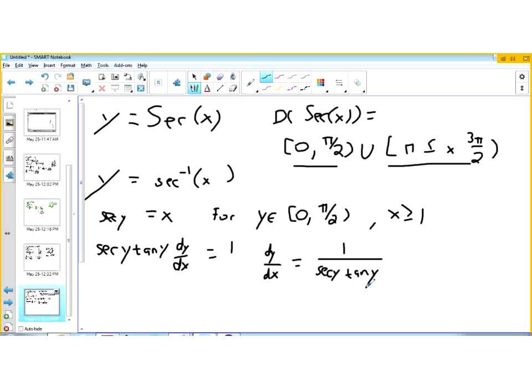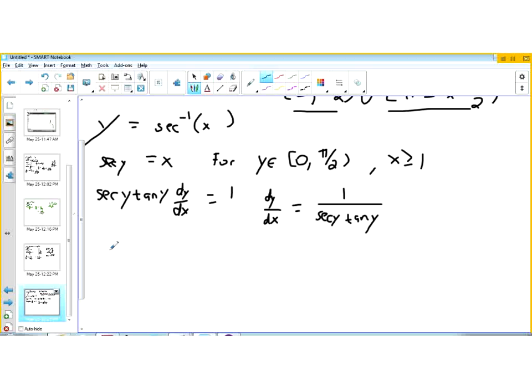All right. And so there's a trigonometric identity. From trigonometry, we know that tangent squared y is equal to secant squared y minus 1.